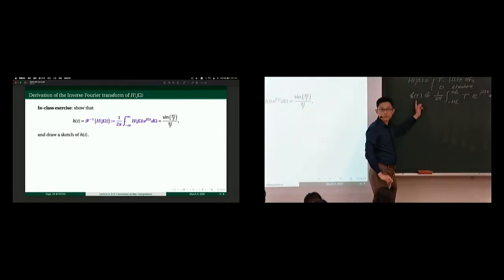That gives us back something in the time domain. The result is a time domain signal. So far so good?